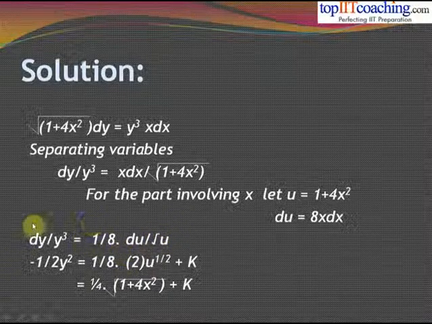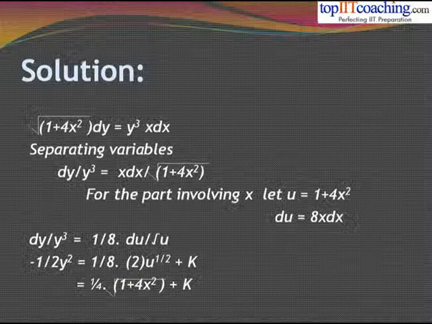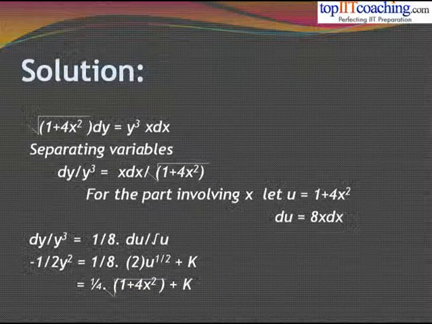So we integrate both sides to get minus 1 by 2y square equal to 1 by 8 into 2 into under root of u plus k. K is again a constant. We again substitute back the value of u. So minus 1 by 2y square equal to 1 by 4 into under root of 1 plus 4x square plus k. Thus this is the final solution of the differential equation under root of 1 plus 4x square into dy equal to y cube into x dx.